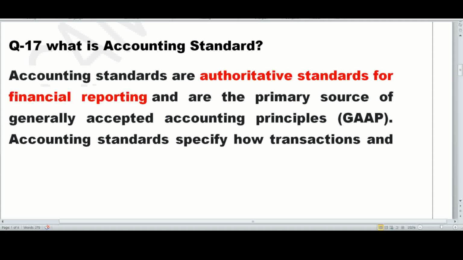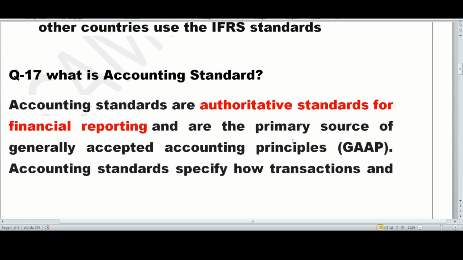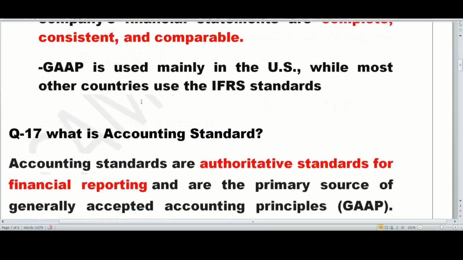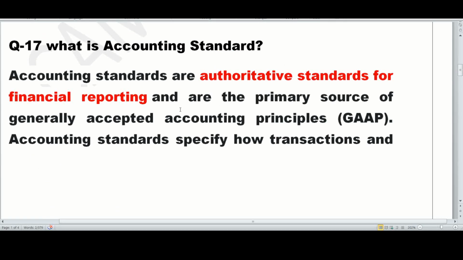And the GAAP is also prepared by the FASB, Financial Accounting Standard Board. So, GAAP is a set of principles which are very important for formulation of accounting standards.